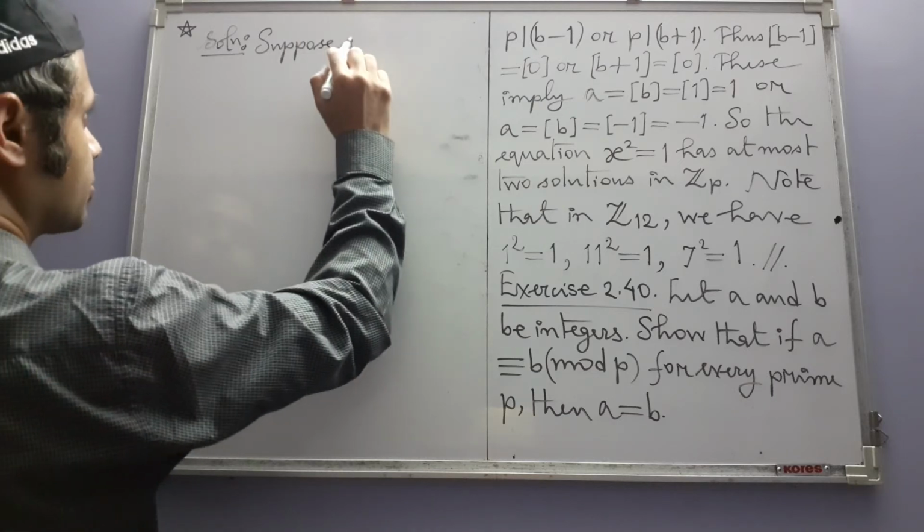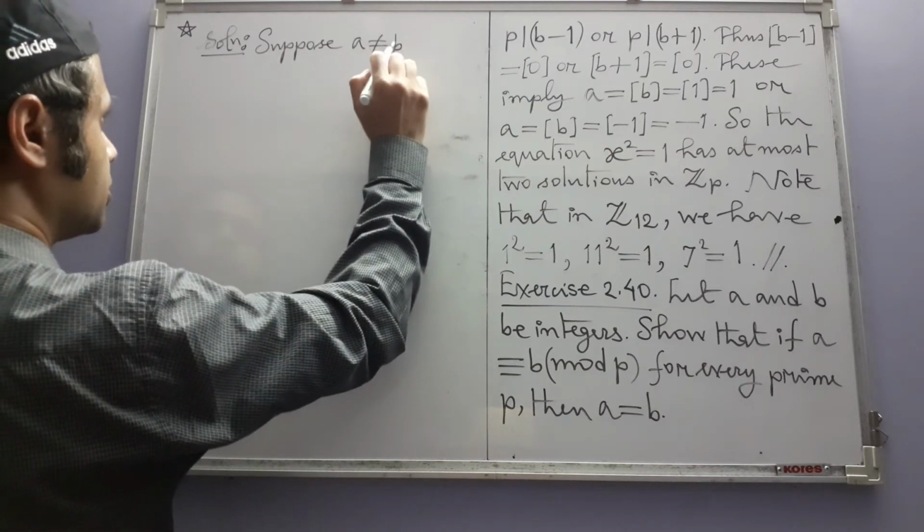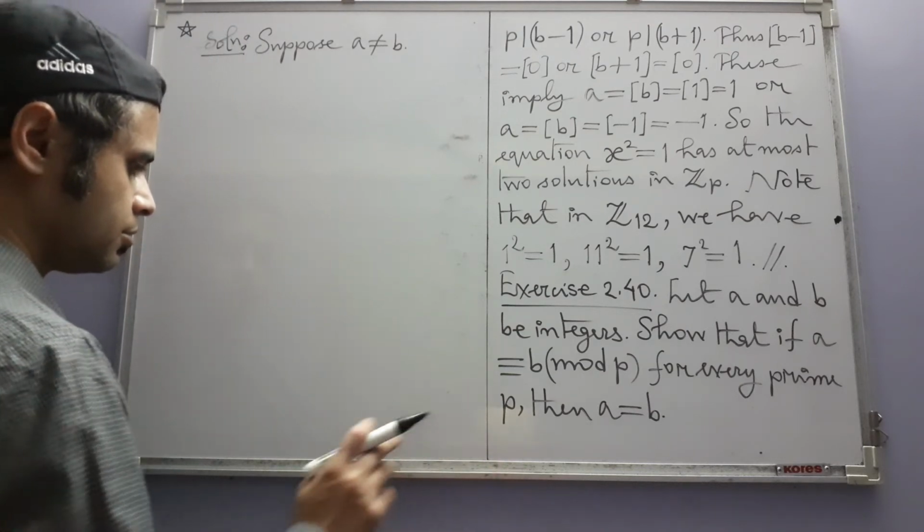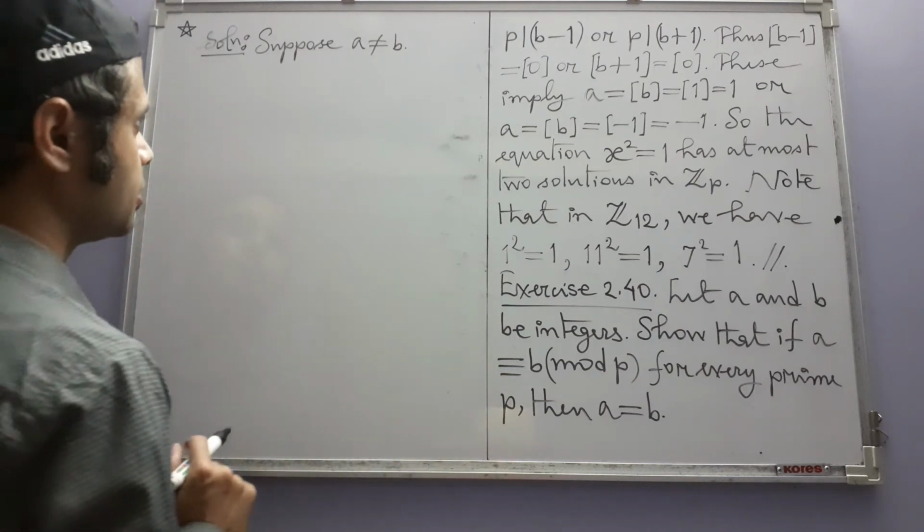Suppose A is not equal to B. So we will try to generate a contradicting situation.